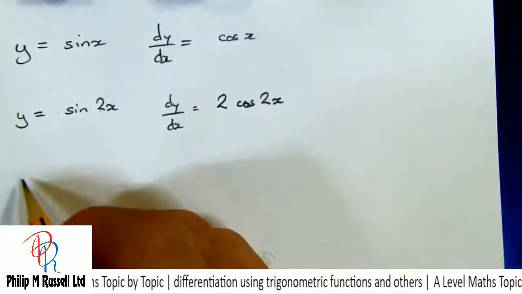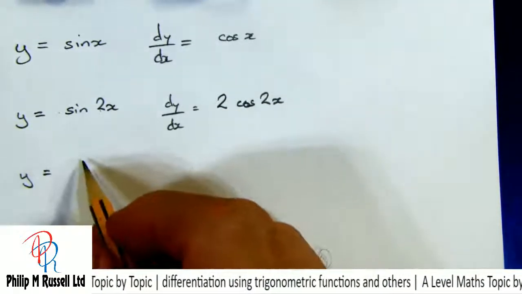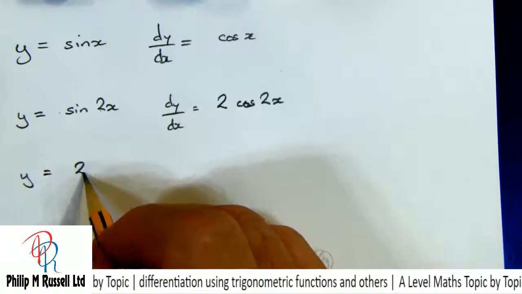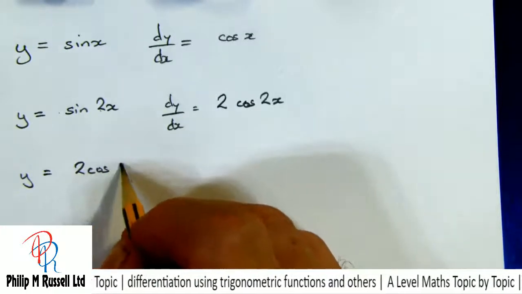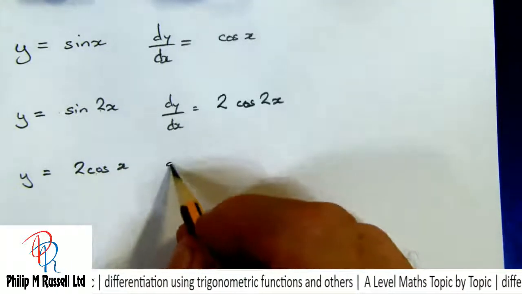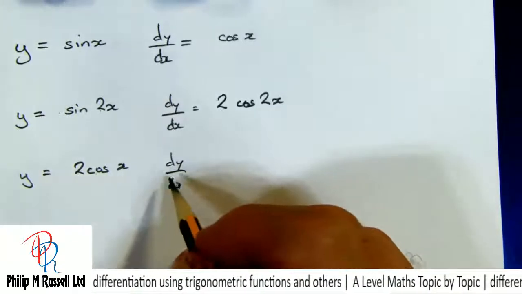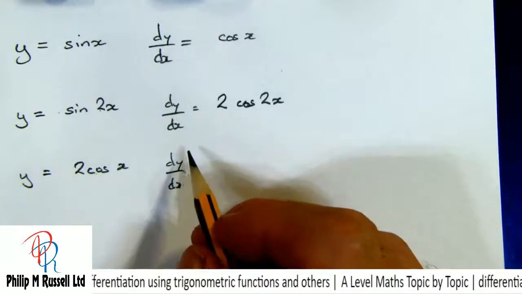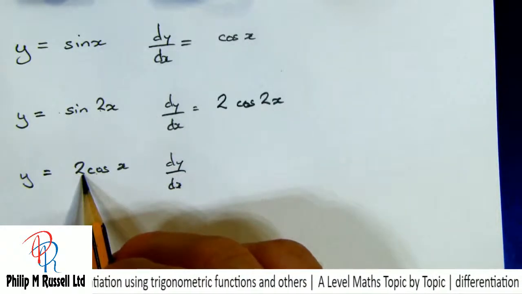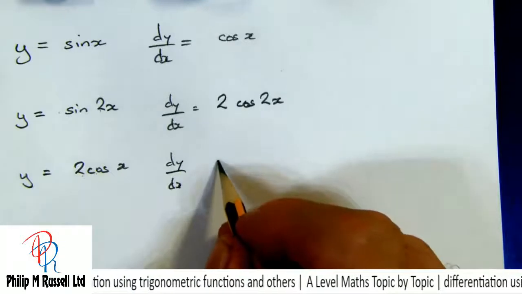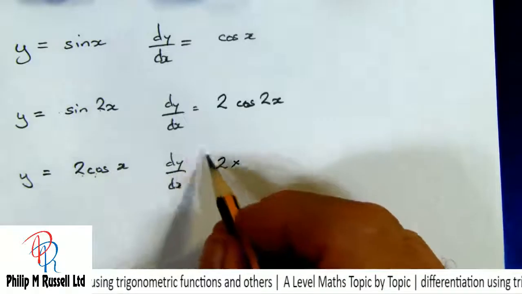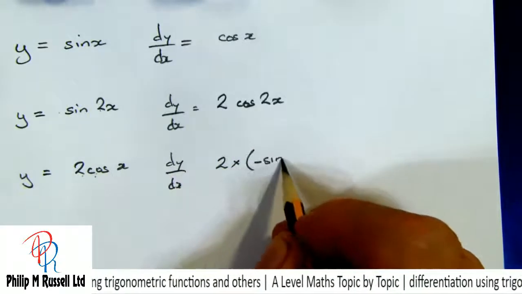In the same way, if I take something which is perhaps 2 cos x, then if I differentiate this, what we're going to need to do is leave that number where it is, and that's going to be 2 times the differential of that, which is minus sine x.